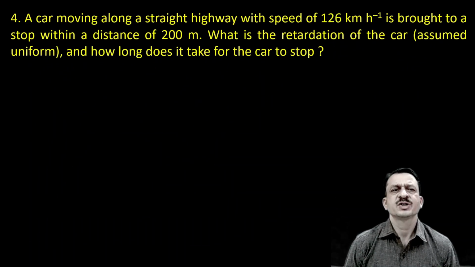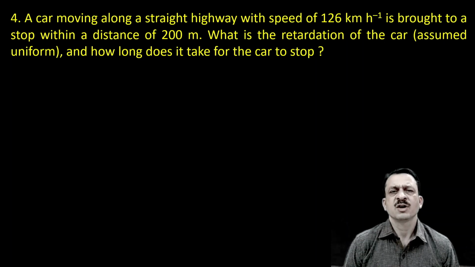A car moving along a straight highway with a speed of 126 km per hour is brought to a stop within a distance of 200 meters. What is the retardation of the car, assumed uniform, and how long does it take for the car to stop? Now here a car is traveling with a certain velocity. Brakes are applied, and after applying the brake it moves through a small distance and stops.